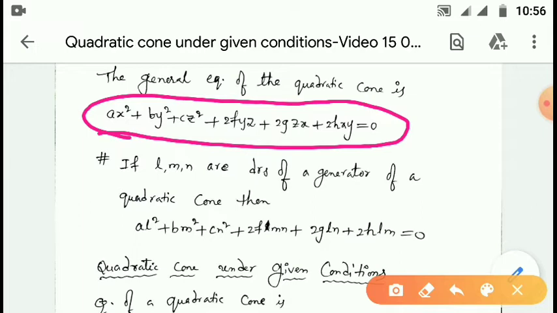This is one point. Another point we have to keep in mind is, suppose l, m, n are the direction ratios of a generator. We have infinitely many generators of a cone. Each generator passes through the vertex, but the direction ratios are different.